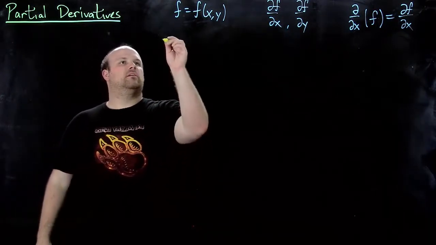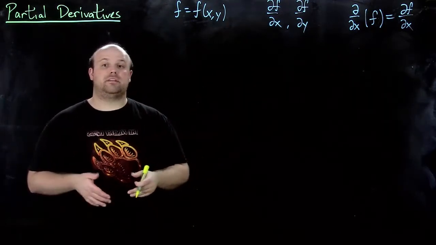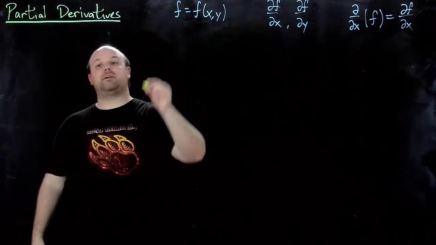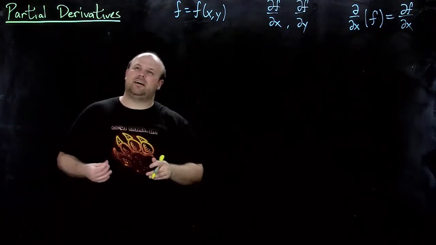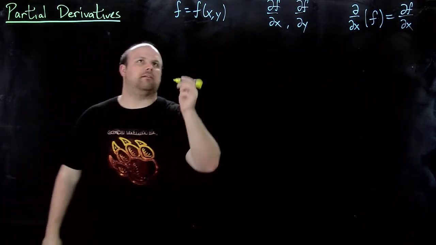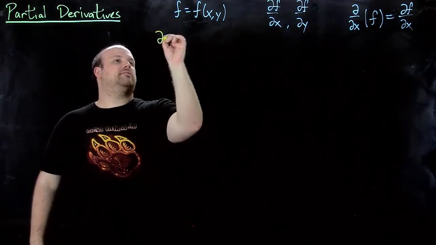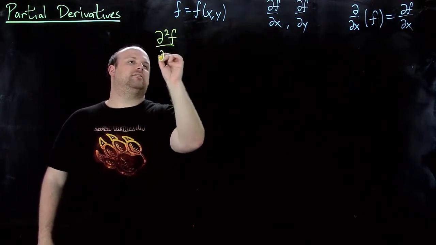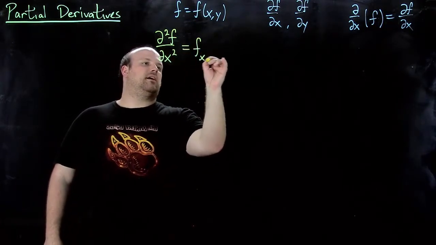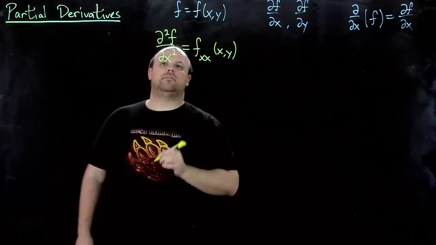Well, let's say I want to take df dx and do another derivative with respect to x. Well, you might remember from Calc 1 you had d squared f dx squared, and it's going to look the same here. So the second derivative, you could have d squared f dx squared, right? Another way we write this is f sub xx, right?